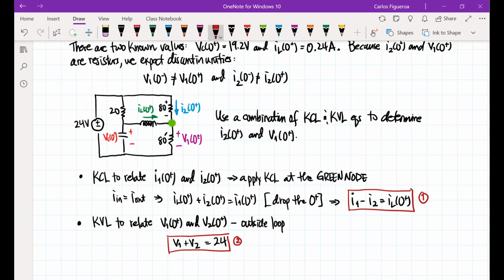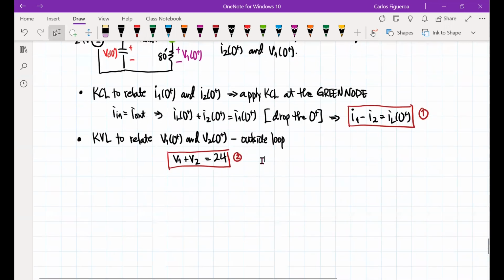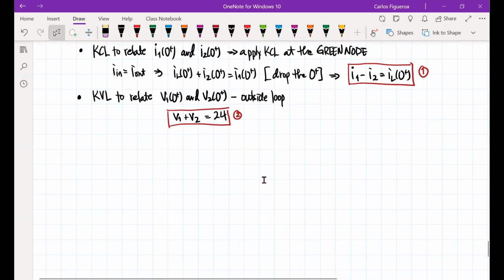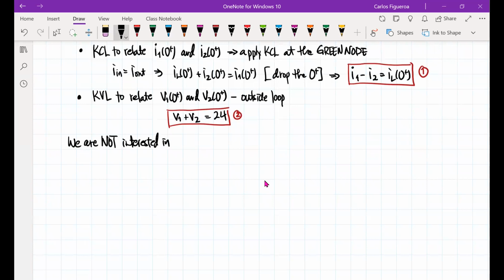When I look at this scenario, note that we are not interested in the current I1 of 0 plus or the voltage V2 of 0 plus.